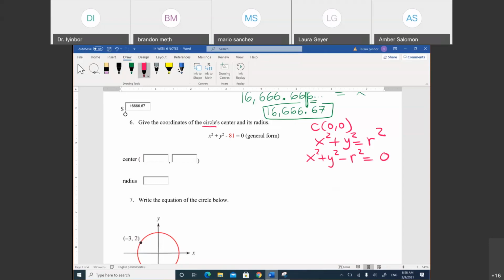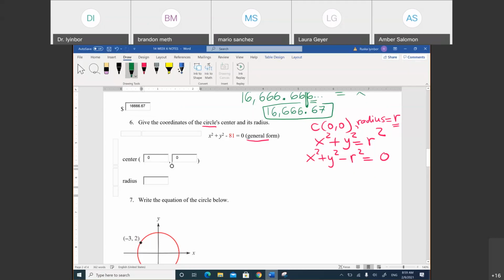So the question is, here the center is 0, 0, and the radius is whatever the number is there. Okay? So what is the center looking at my formula? The center is going to be 0 and 0, right? If the center is not 0, 0, then it's going to look different. But all the questions we have in this unit are going to be center 0, 0.